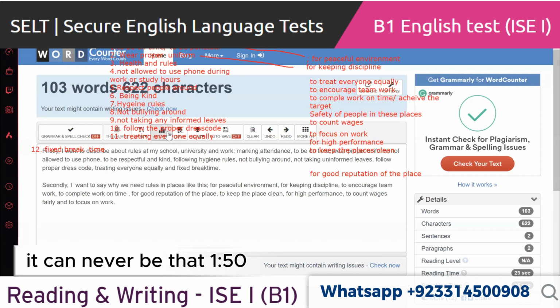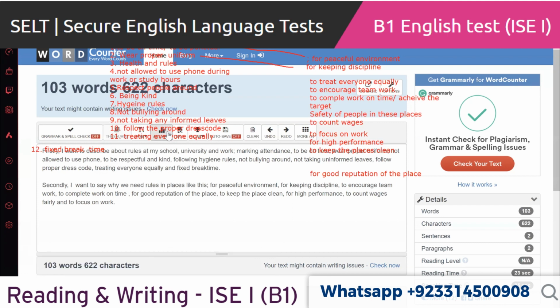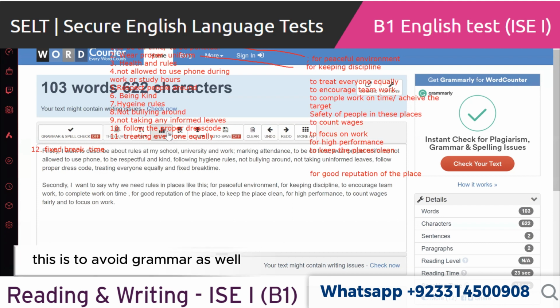It can never be 150 because we are using commas to write. We're not elaborating anything. These are called phrases, the little phrases that you put together using commas to write your task. This is to avoid grammar as well, because grammar doesn't allow you to connect things.